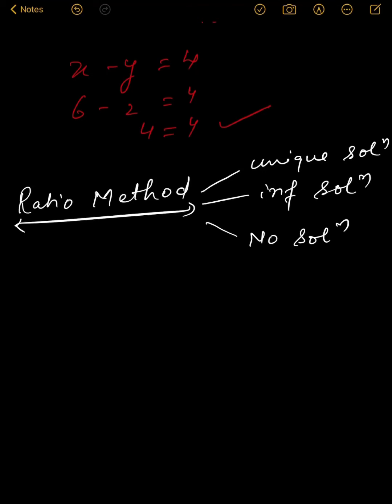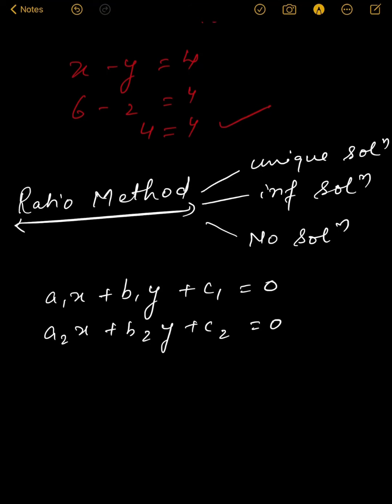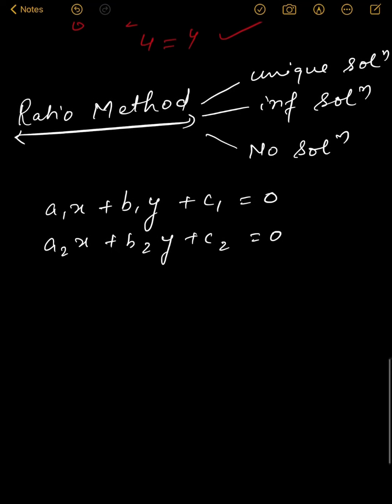Let us suppose we have two equations, a1x plus b1y plus c1 equals 0, and a2x plus b2y plus c2 equals 0. Then how can we check directly from the equations whether they will give a unique solution, infinitely many solutions, or no solution?